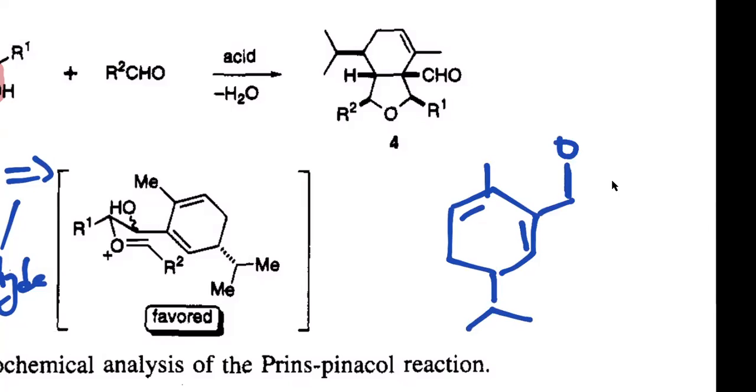I'm just going to write the intermediate. Whatever your aldehyde is, in this case R2, this is what it looks like, and then that decomposes once you add in the aldehyde to give you this right here.